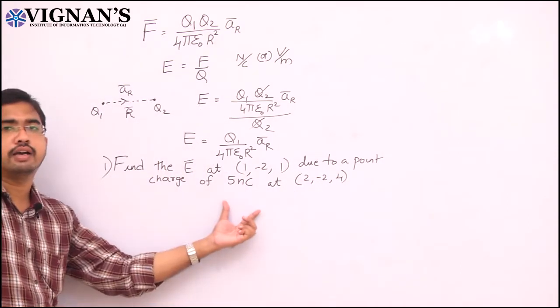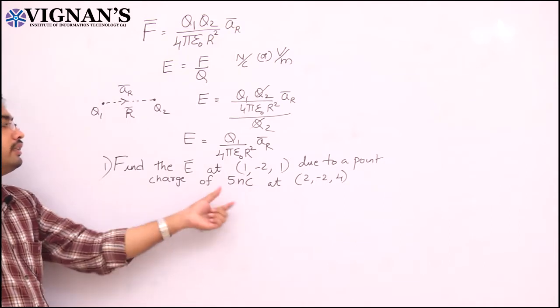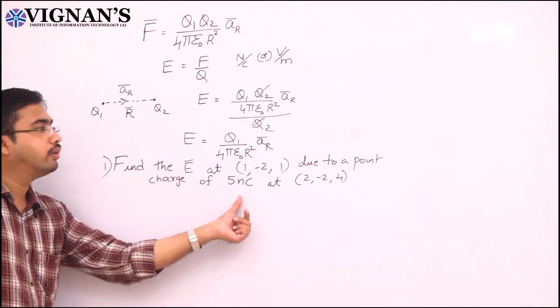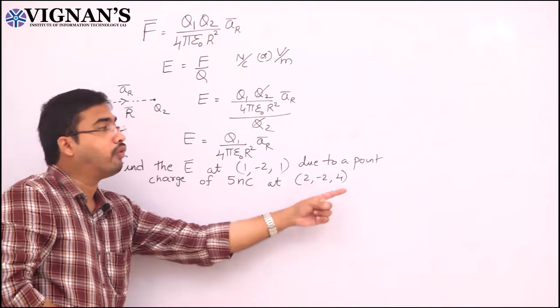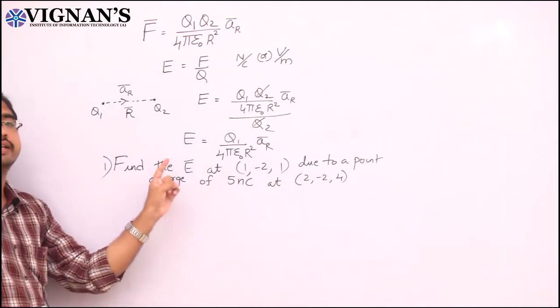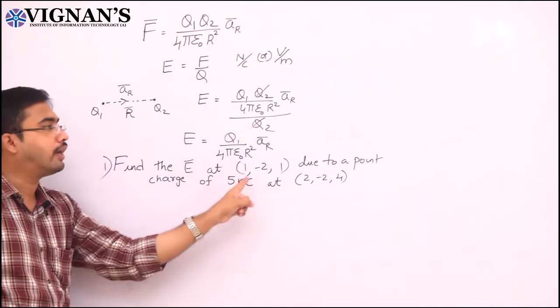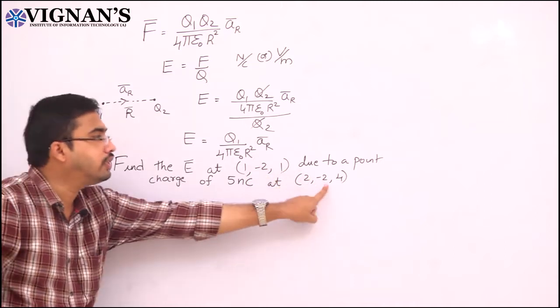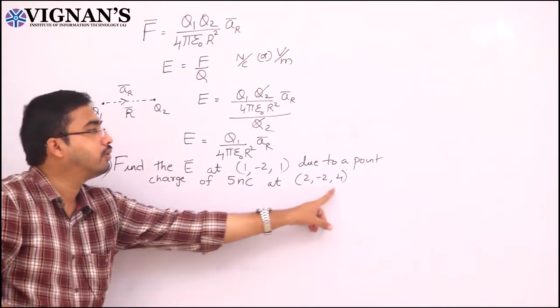Let us take this example. We are saying that there is a charge of 5 nanocoulombs at this point, and I want to find the electric field intensity at the other point (1, -2, 1) due to this 5 nanocoulomb charge.